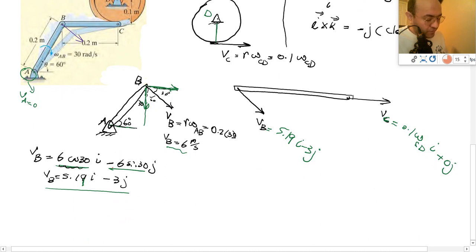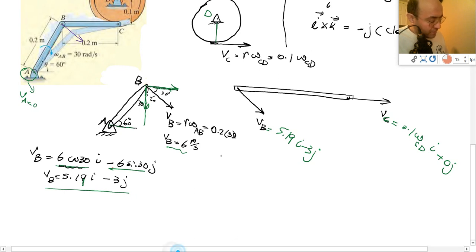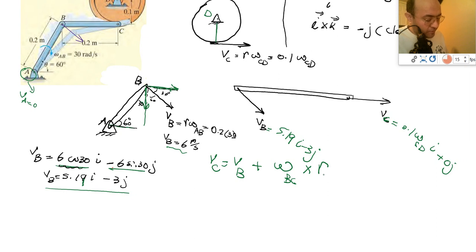Now velocity of C is equal to velocity of B. Let's follow the same equation for vector. Then I can say velocity of C is equal to velocity of B plus omega BC cross R. Again, because I do C, I'm going to be R of C with respect to B. Because again, B is going to be the beginning and C is the end.